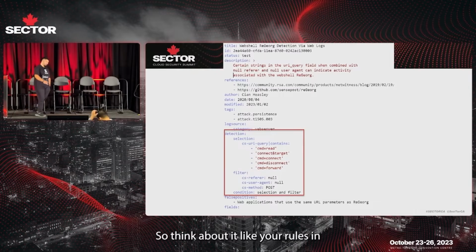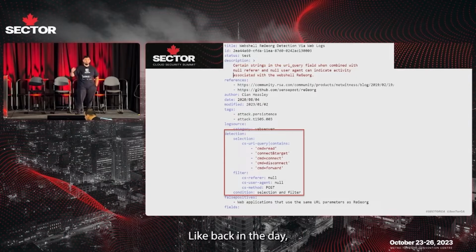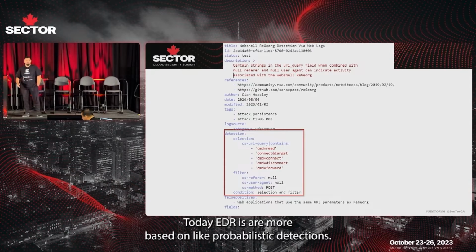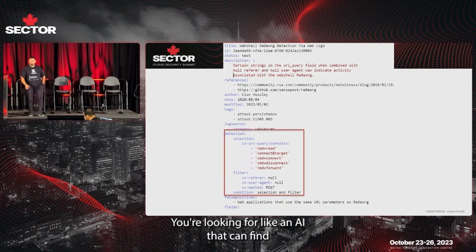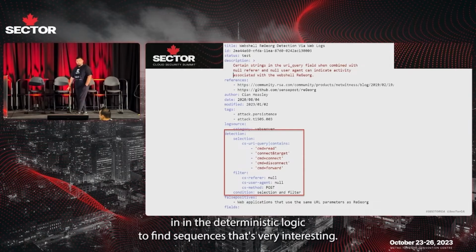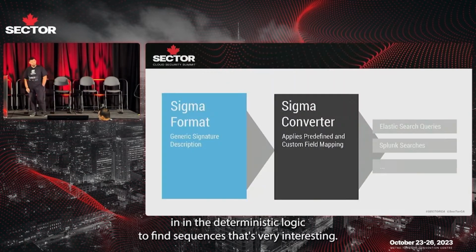Think about it like YARA rules in antiviruses. Back in the day, McAfee had proper YARA rules and everyone was using McAfee. Today, EDRs are more based on probabilistic detection, so you're looking for an AI that can find weird anomalies in your system execution and whatnot. So we're kind of still there in the deterministic logic to find sequences that are interesting.